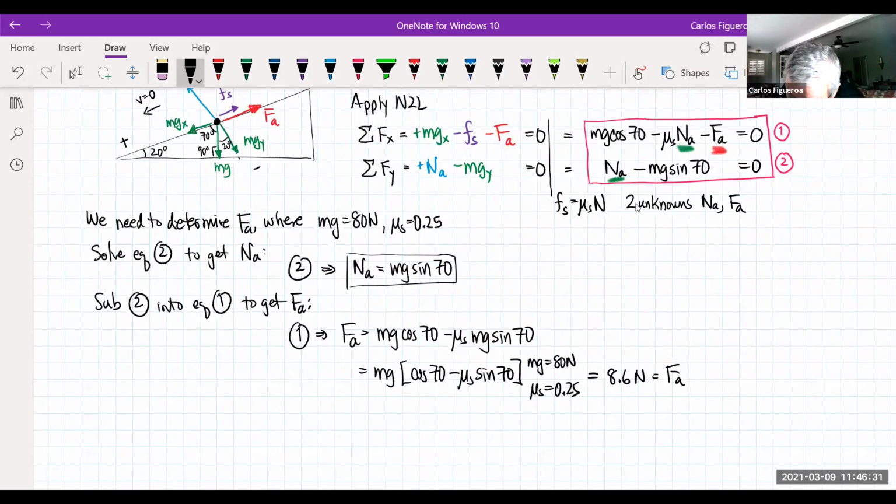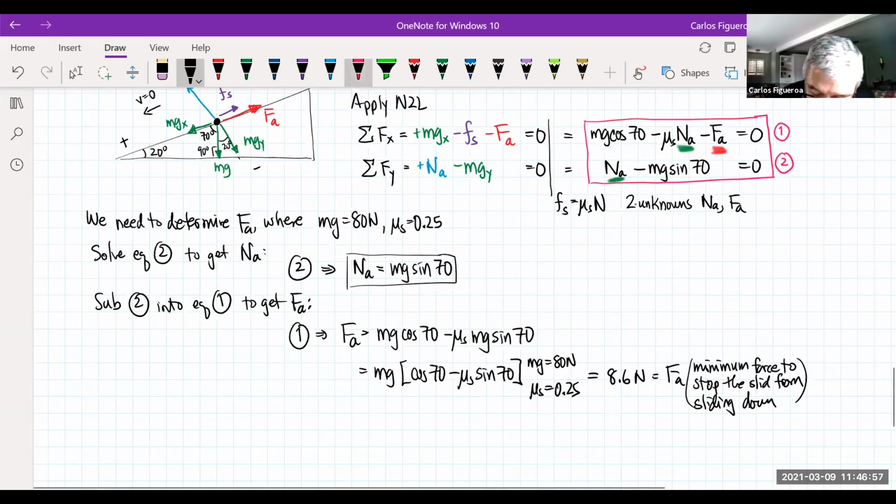So this is the minimum force to stop the sled from sliding down. So here we go. This is what it is right here.